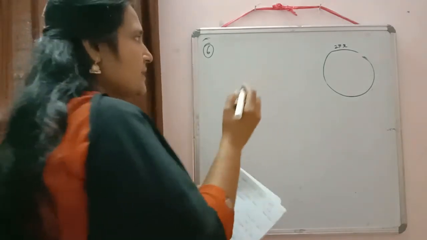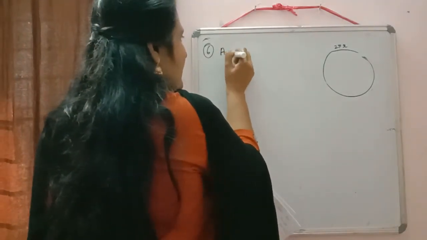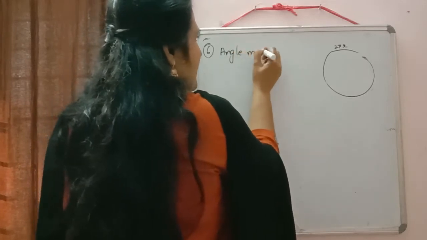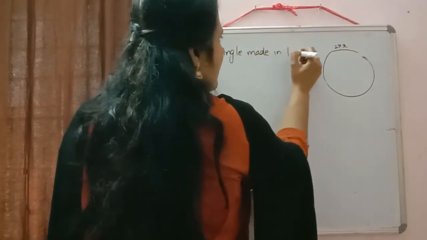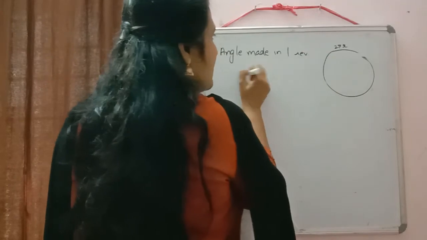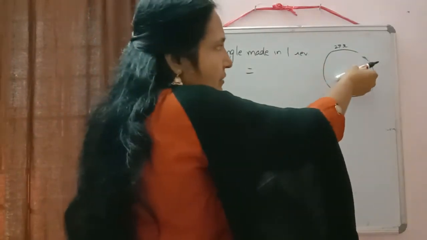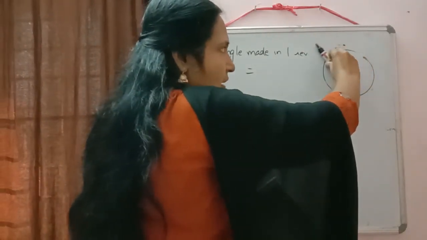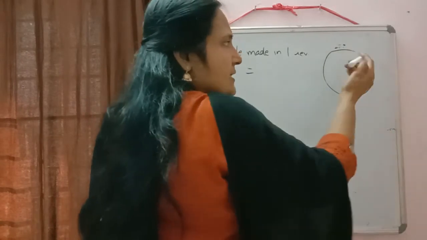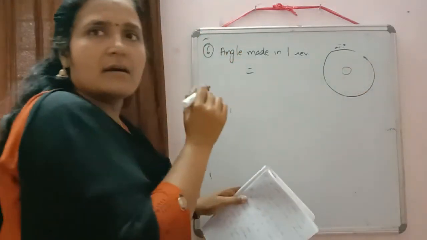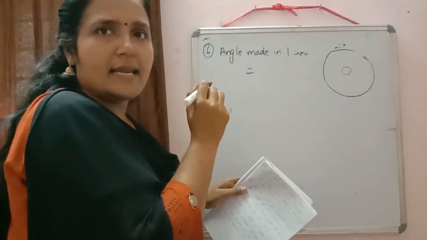Okay, so just write down: angle made in 1 revolution is equal to how much? In 1 revolution, when you are rotating in this way, what is the angle made at the center? How much? 360 degree, correct?